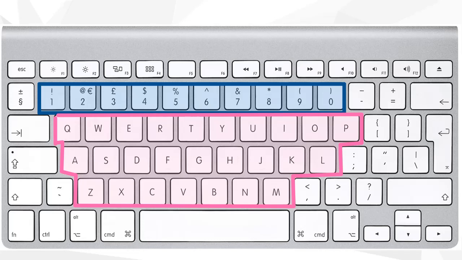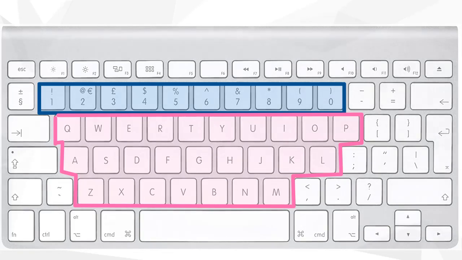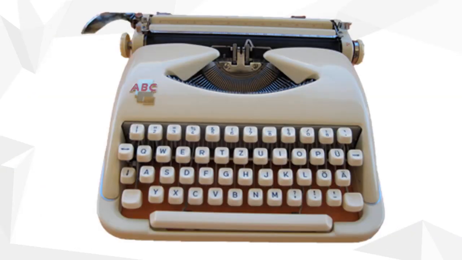Which device did you think about? Yes, one such device is the typewriter. Have you seen a real-life typewriter? Do you have one at home? Wow, that must be amazing.